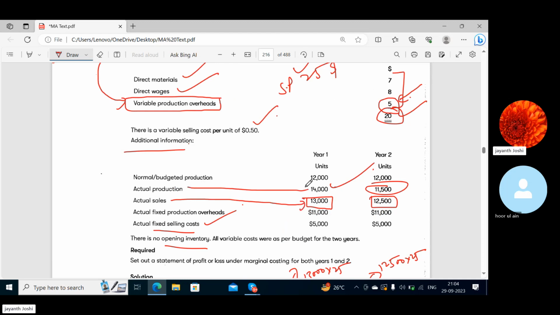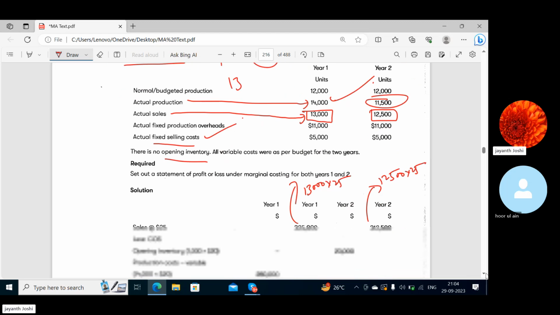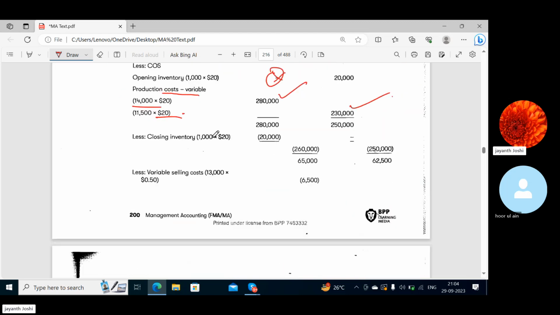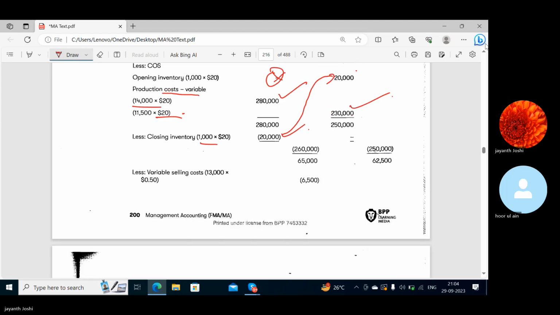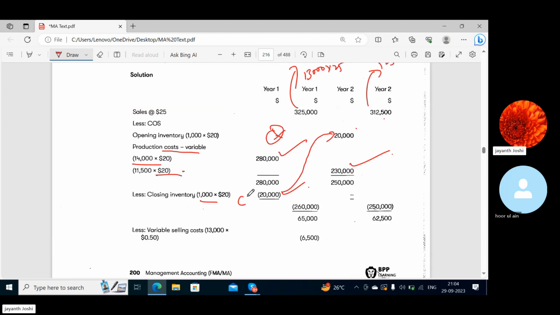But how much did they produce? 14,000. From 14,000, if you sell 13,000, 1,000 is left over. So 1,000 is the closing inventory. Closing inventory is always at cost, 20. So 1,000 into 20 is 20,000. This closing inventory of the first year becomes the opening inventory of the second year. So you should not be confused. That's the reason why here we have opening inventory. This we calculated, this we calculated: closing inventory, opening inventory.